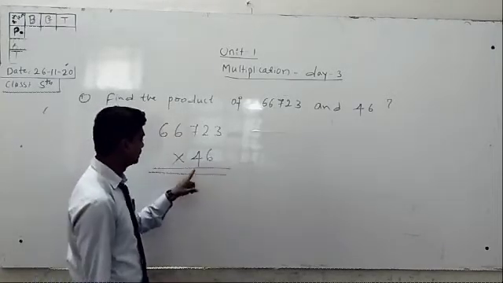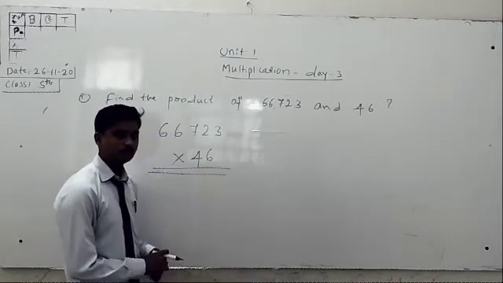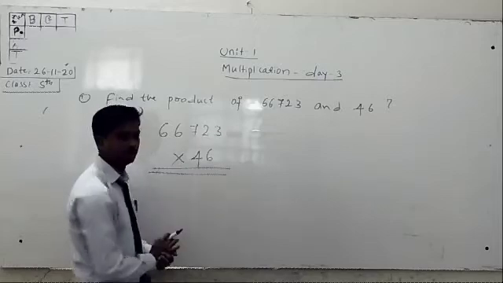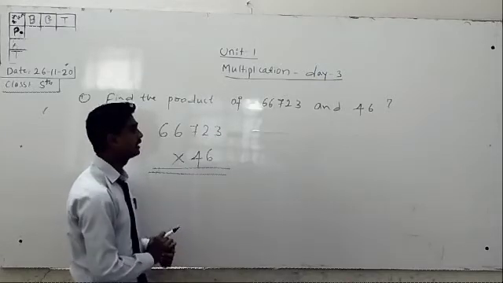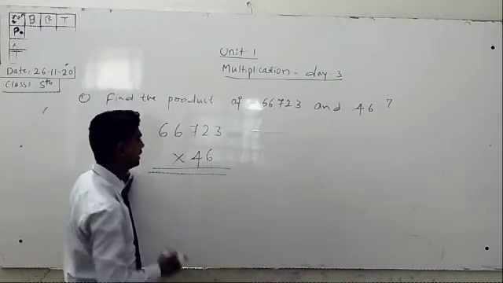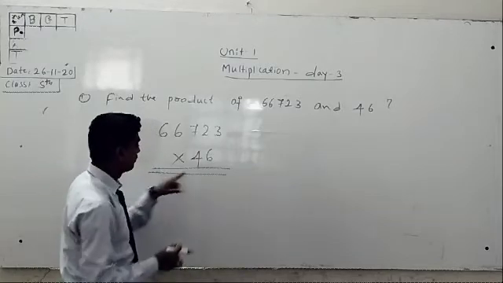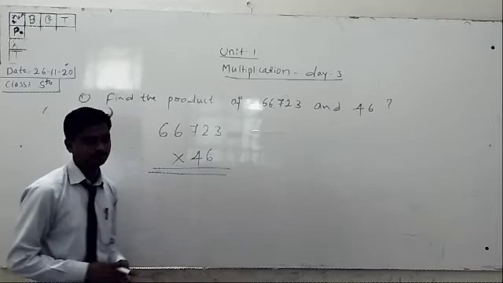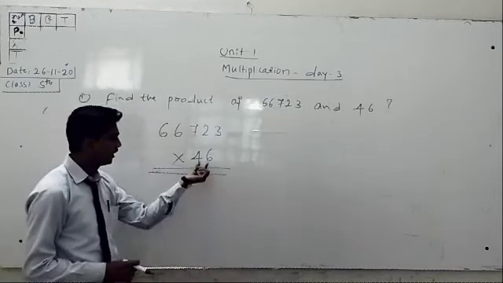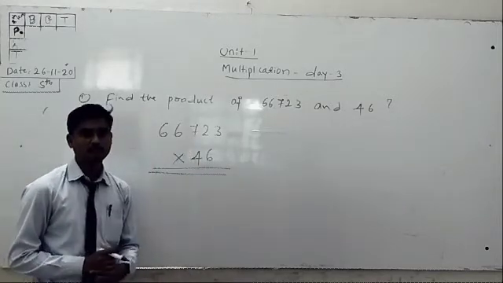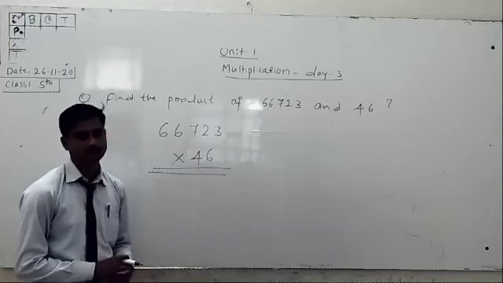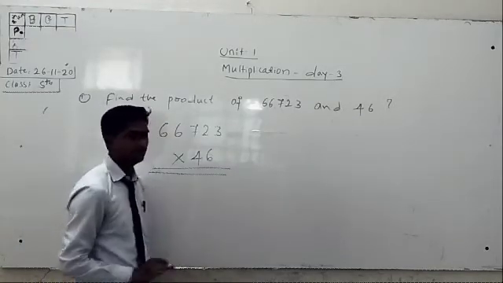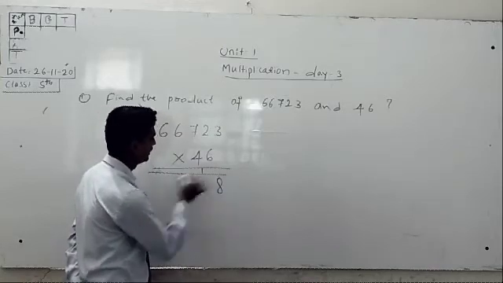Since 46 is given, you have to do it this way. 6 3s are how much? 6 3s are 18, because we don't know the 46 table, you take only a single digit and multiply the given number. 6 3s are 18, 1 carry and 8.